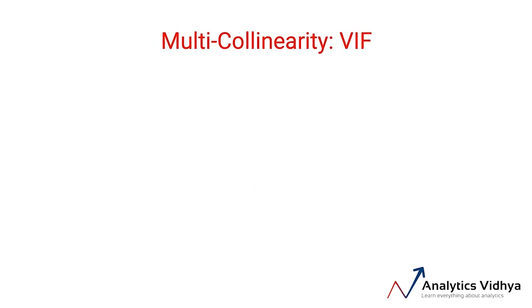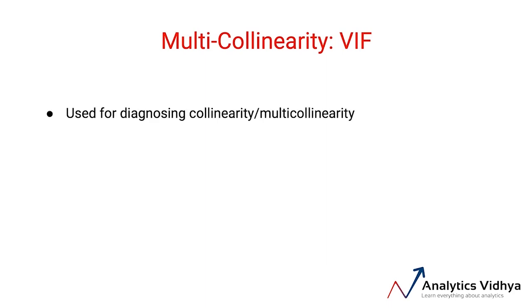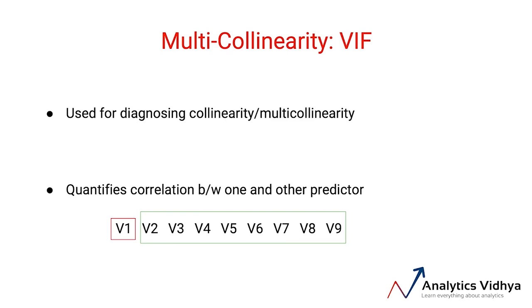One of the ways in which we can do that is by use of the parameter VIF, which is used for diagnosing collinearity or multicollinearity. Now, how do you find VIF? We take our independent variables and build a model where we take one of the independent variables and fit a model from the remaining independent variables to predict that first variable.